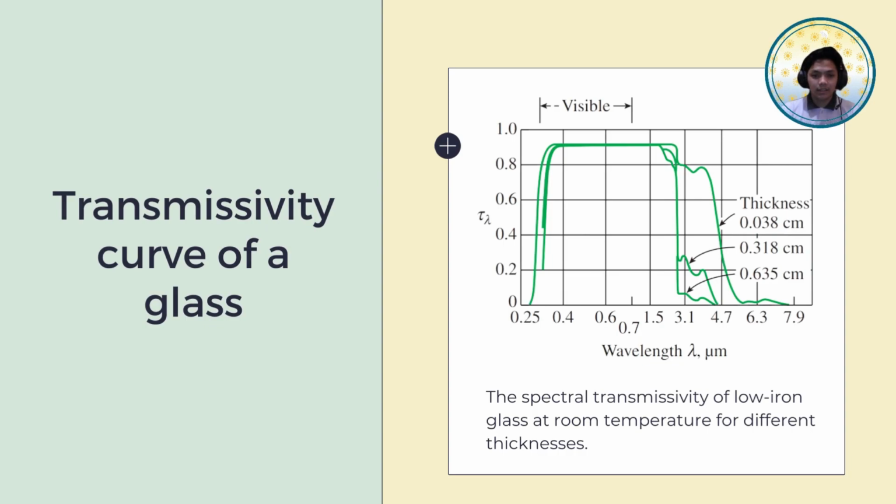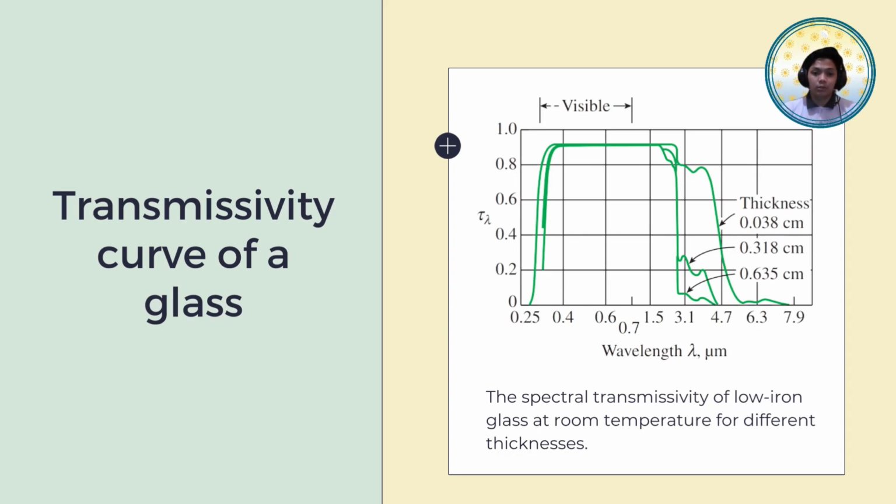Now, to further understand this, let us take a look at the transmissivity curve of glass. As we can see, glass at the thickness encountered in common use transmits over 90% of the radiation in the visible range and is practically opaque to the radiation in the longer wavelength infrared regions of the electromagnetic spectrum.